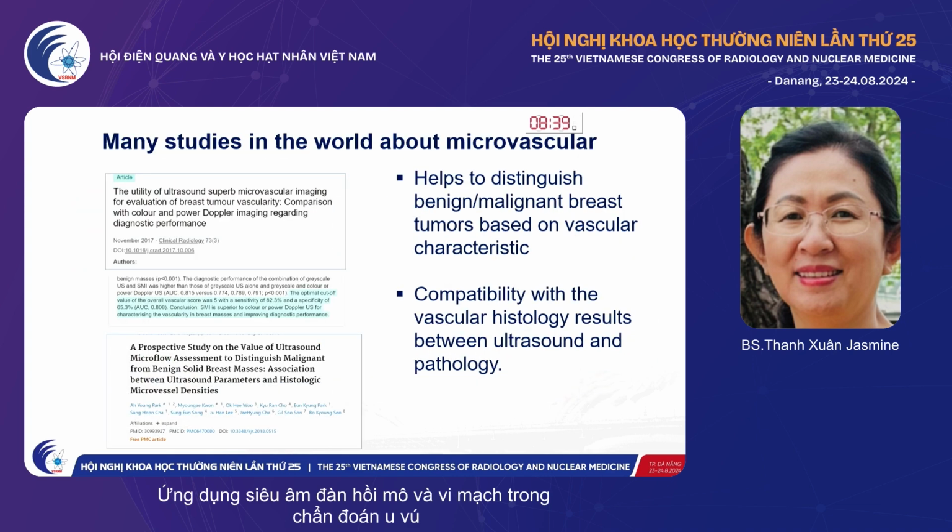You can see there are many studies in the world about microvascular imaging. They have shown that microvascular ultrasound is beneficial to distinguish between benign and malignant breast tumors based on the characteristics of vessels. Also, the compatibility of the vascular histology results between ultrasound and pathology is proved.